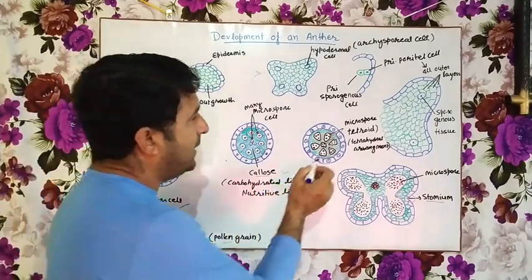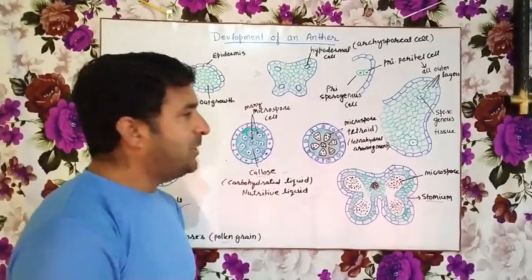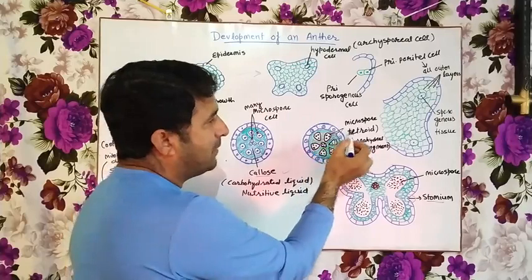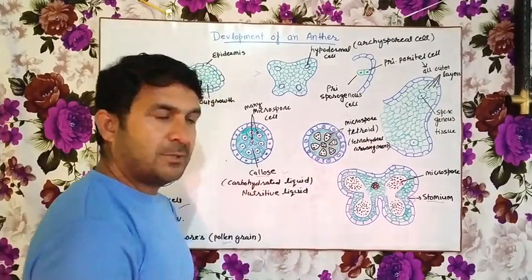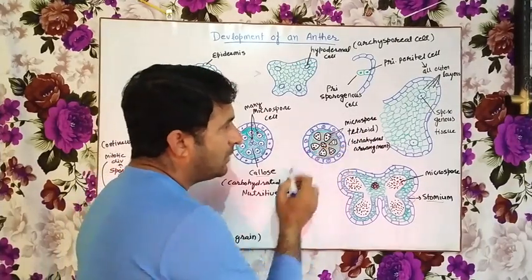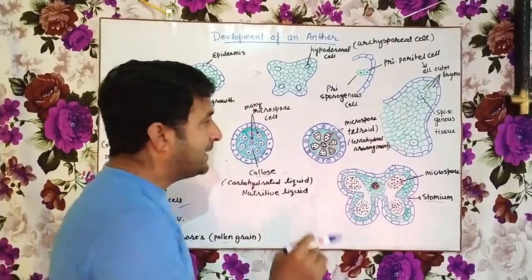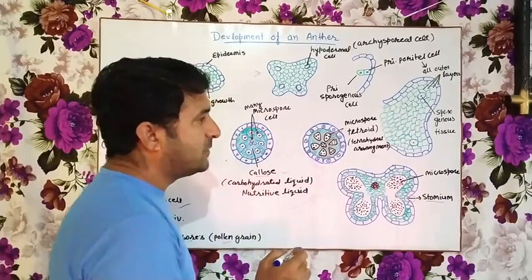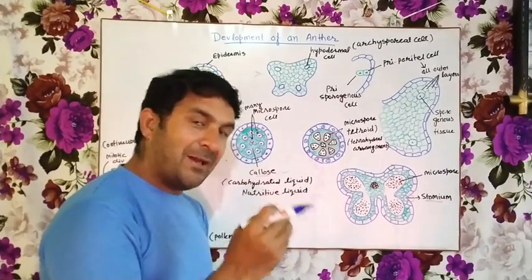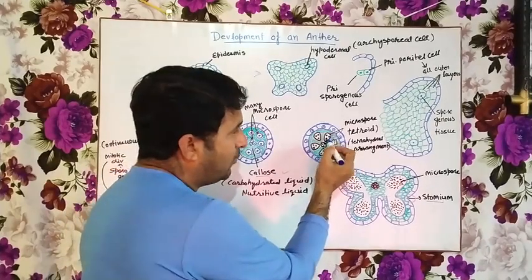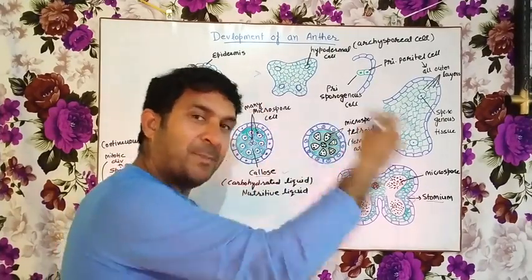Here you can see after getting the nutrition the microspore cells become tetrad, and now these are called tetrad microspores. These tetrad microspores are tetrahedral, having a tetrahedral arrangement. Three nuclei you can see here, and one is behind it.